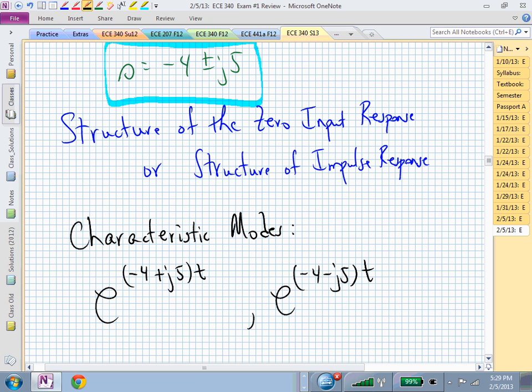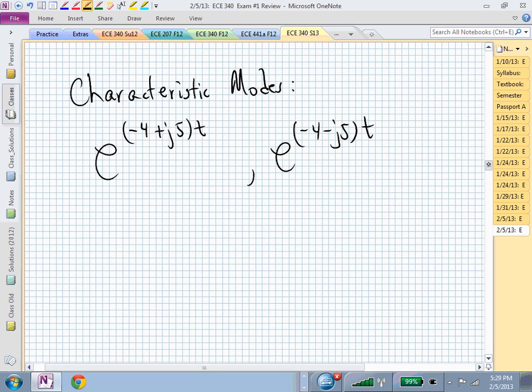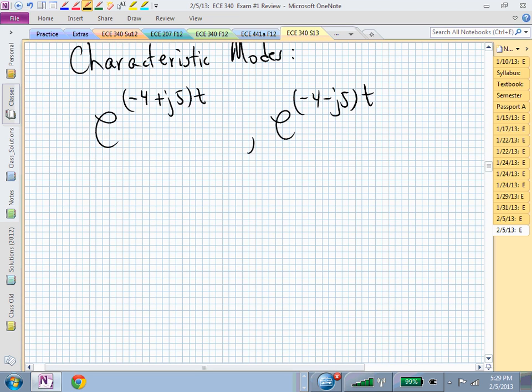And now you can see, I hope, how the structure of your zero input or impulse response falls out of that. You have an e to the minus 4t, that's the decay, and then you have these oscillating pieces, e to the j5t and e to the minus j5t, and that can correspond to sines and cosines of those frequencies.